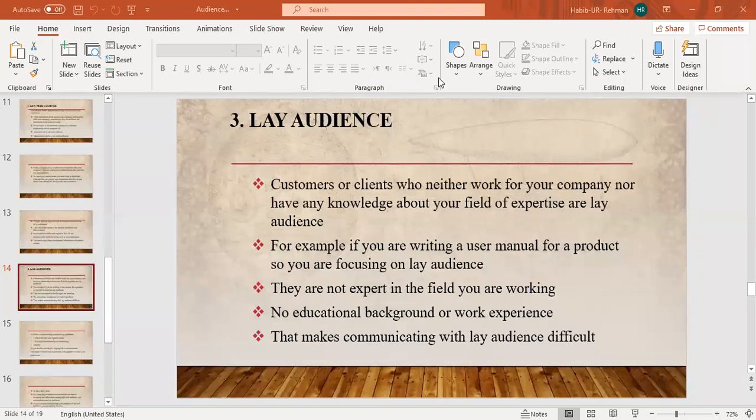You need to provide every bit of information so that they can understand your point of view. Lay audiences are not experts in your field, they have no educational background or work experience. That's why communication with a lay audience is a bit difficult.